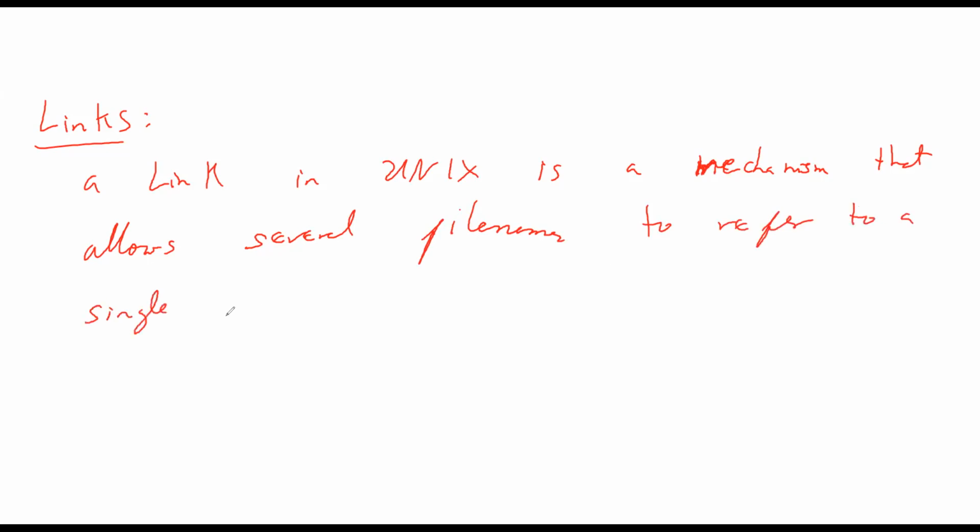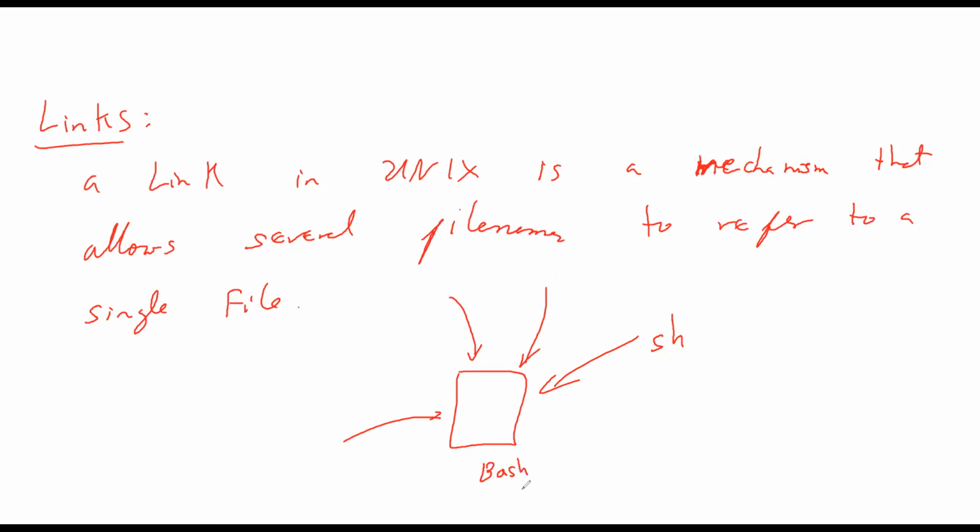A single file, okay? So basically, I have a single physical file here, but it can have several names. The example that I gave you, sh, well, this is actually called bash. The physical file is bash, but you have another file, because everything in Linux is basically a file, but it's actually a symbolic link.